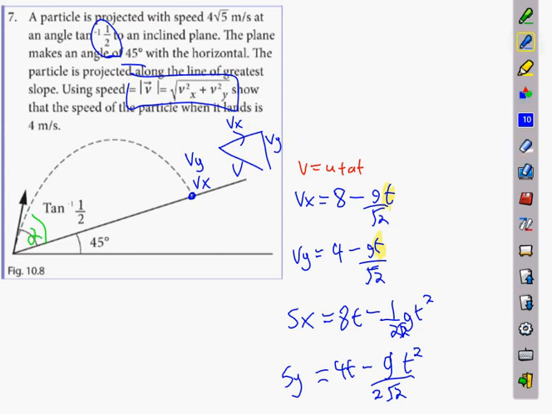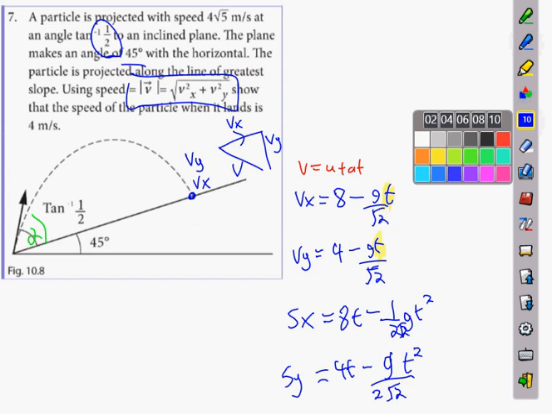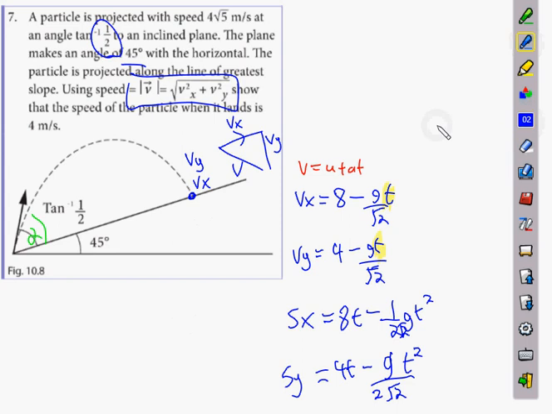So sy equals 0. Going to get our sy equation. 4t minus gt squared over 2 root 2 equals 0. gt squared over 2 root 2 equals 4t.